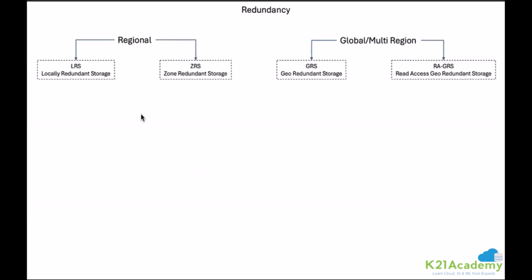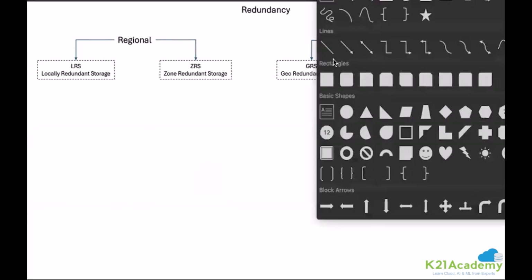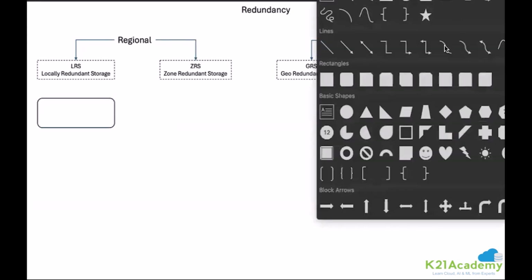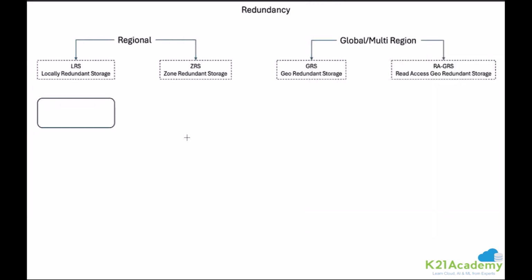So how does the regional option look? For example, if I go ahead with LRS, Microsoft provides a standard data store where they manage 3 copies of your data, 1 primary and 2 secondary.